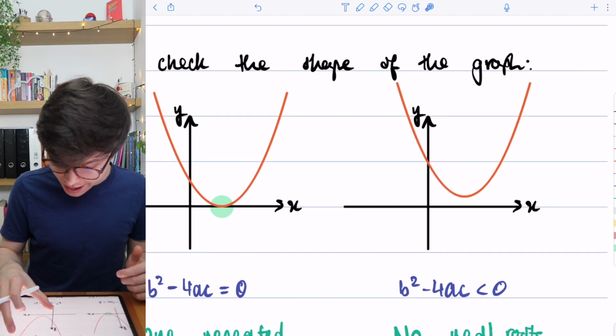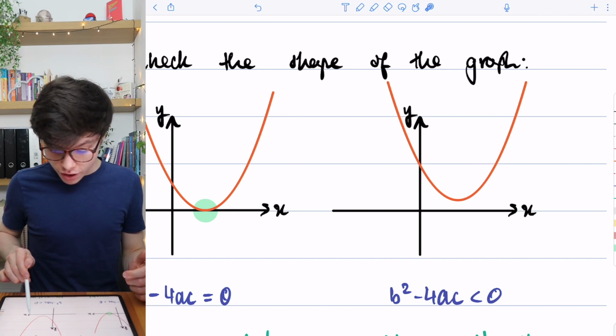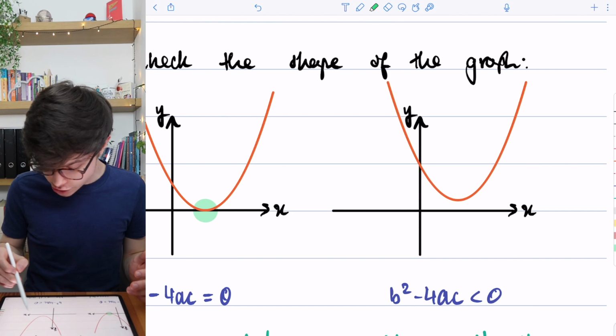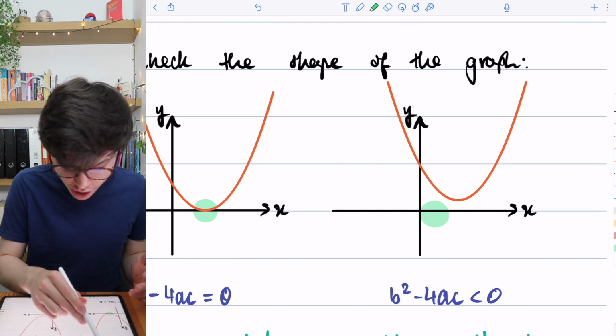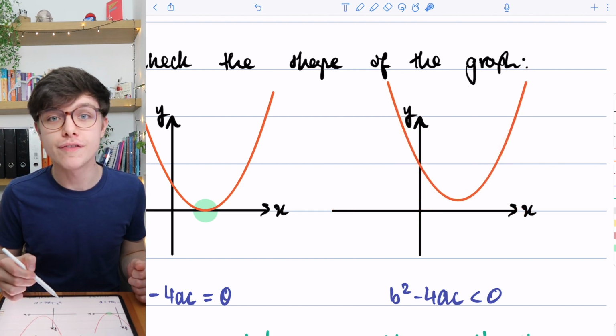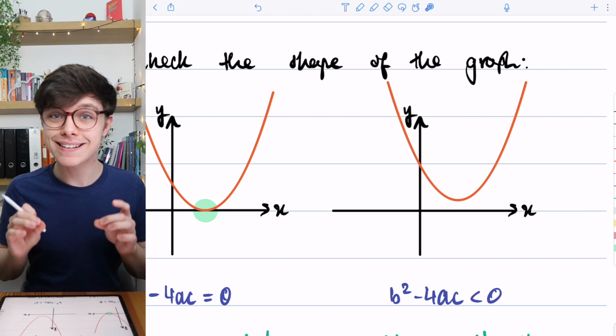Well, for a being positive, we've got this U shape. This orange curve does not intersect the x-axis. So where can I highlight my roots? It doesn't make sense. There is no intersection between the x-axis and the curve. So in other words, we have no roots, and hopefully that makes it a little bit easier.